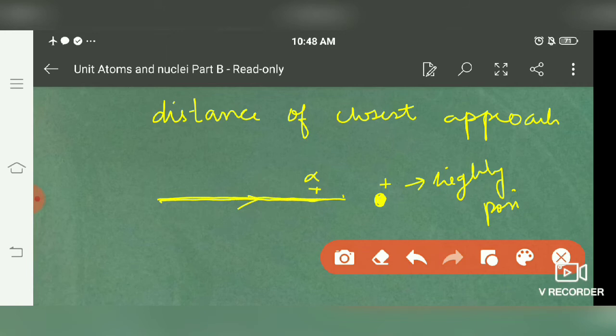At a point, its kinetic energy changes completely to potential energy, and due to the repulsion, it changes its path. The distance up to which it can get close to the nucleus is called the distance of closest approach, denoted by R0.